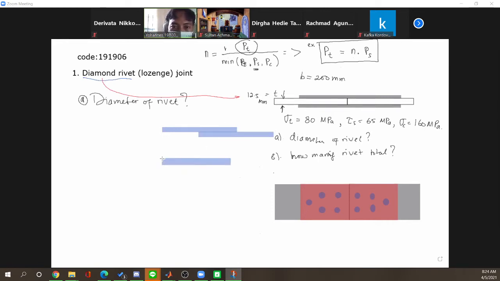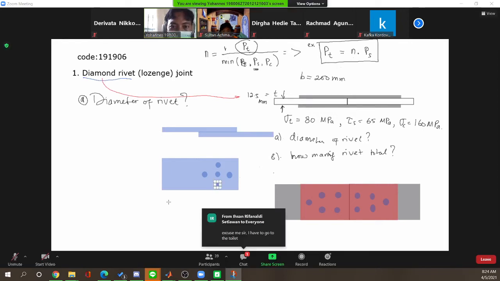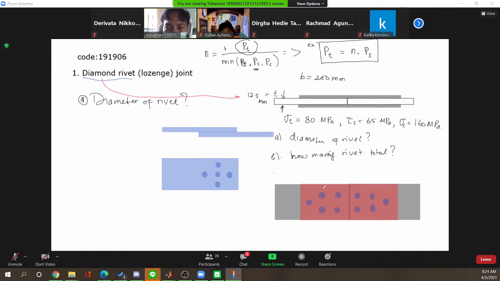So it should be like this. But for this kind of joint, 5 rivets stand for the left side and the right side.